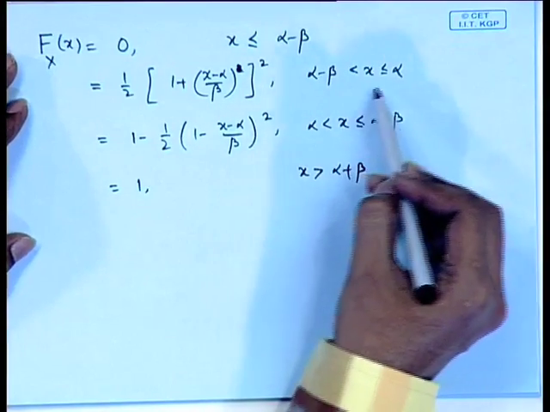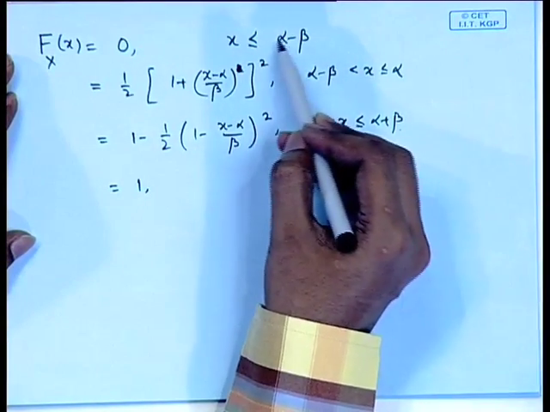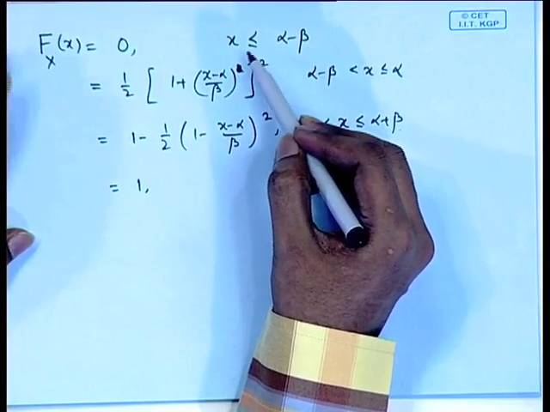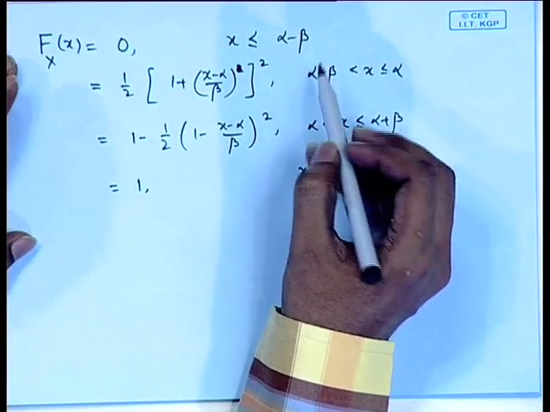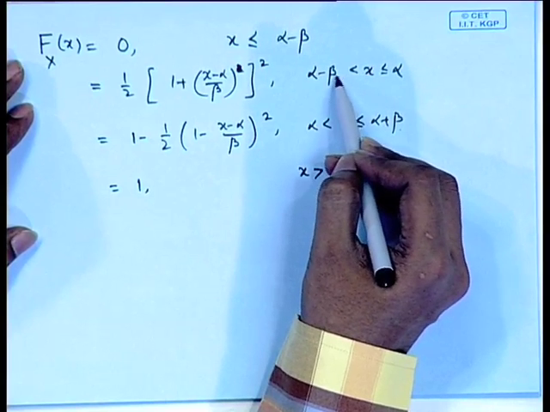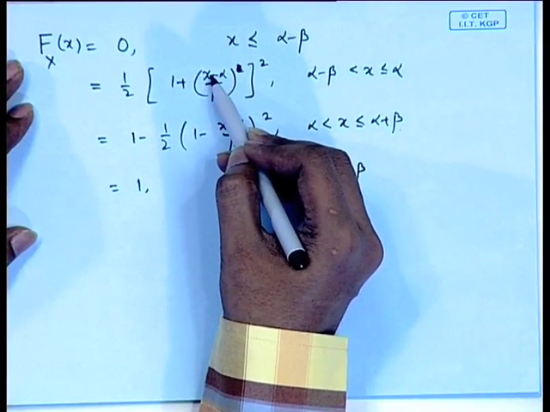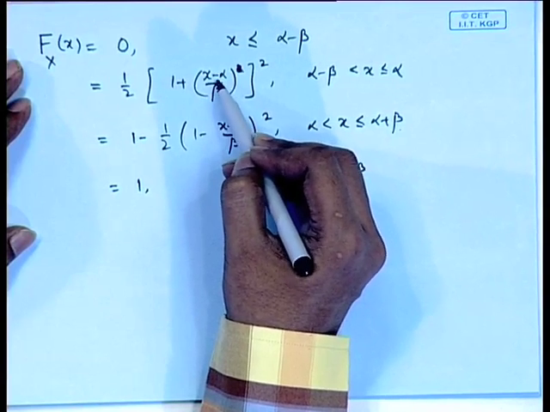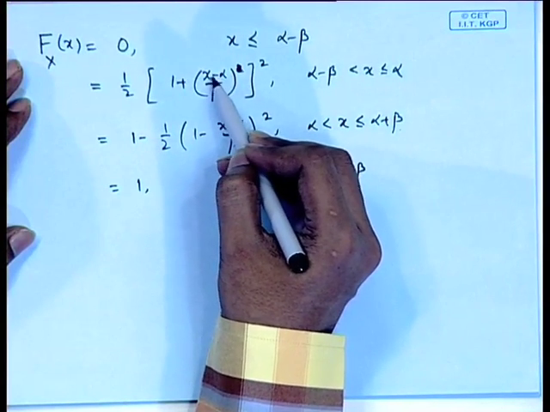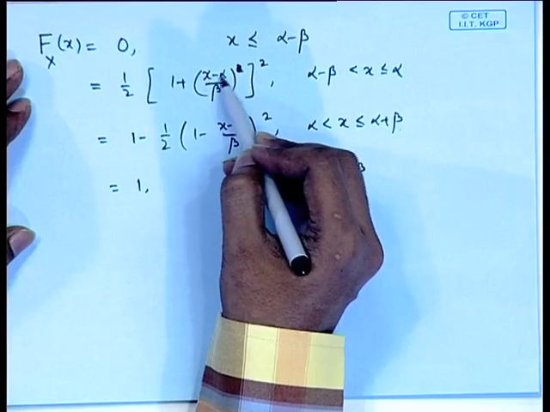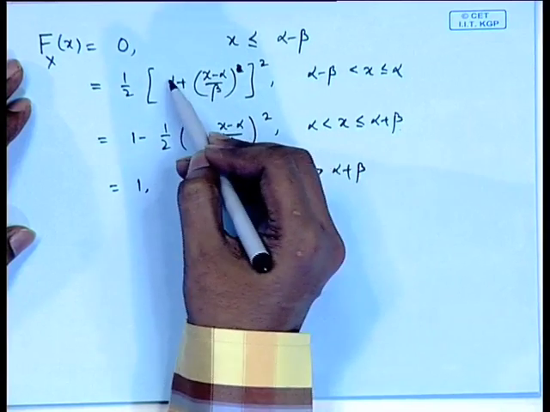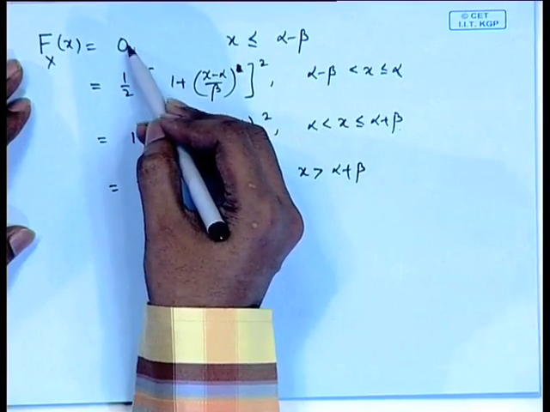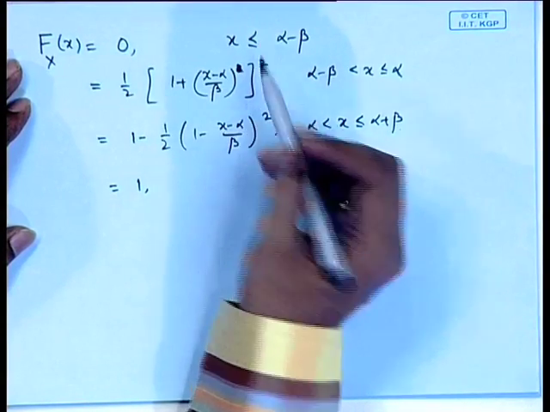As a check, we can see that the values at the end points of each interval match, because the function is continuous. In fact, the function is absolutely continuous. If you look at the value at x equal to alpha minus beta here, minus 1 will come here, so 1 minus 1 becomes 0, which is the same as the value at x equal to alpha minus beta from the left hand side.